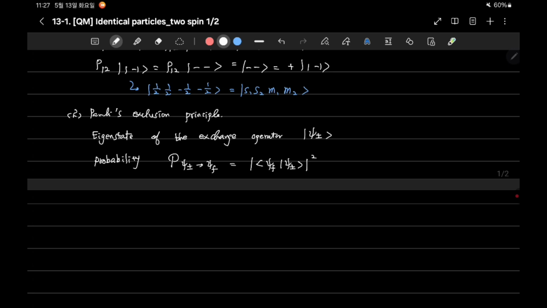So let's think about the probability of the exchange of two particles.